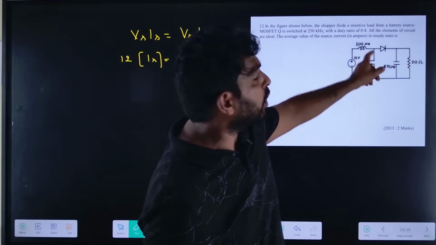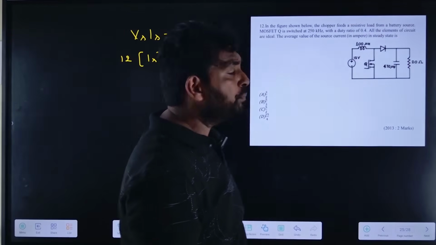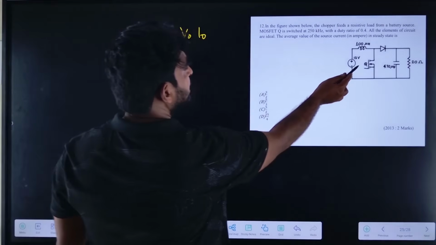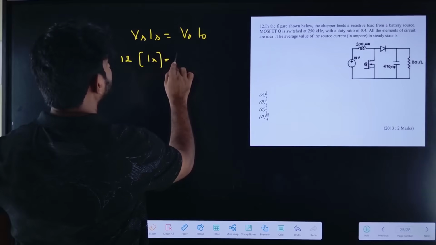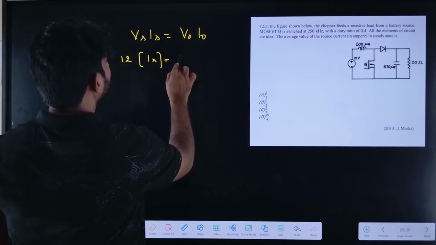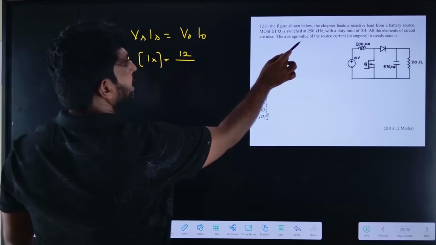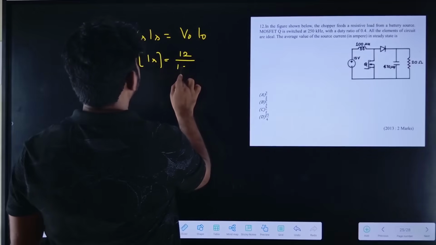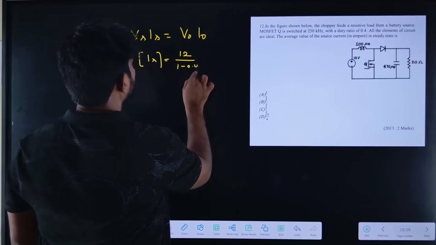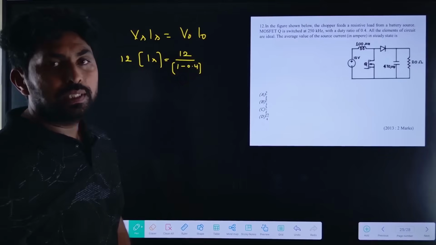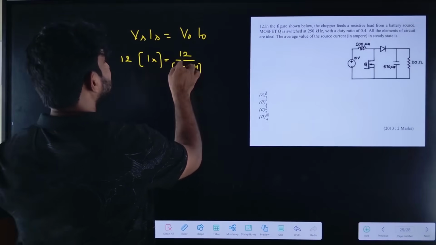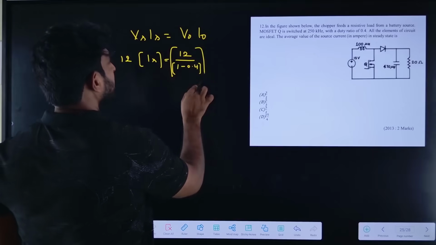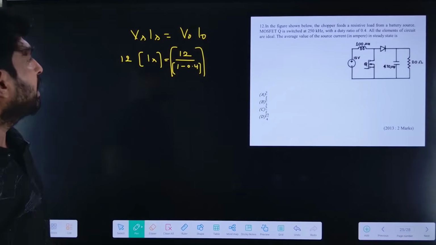It is a boost converter because the inductor is placed on the source side. So V naught equals Vs divided by 1 minus D, that is 12 divided by 1 minus 0.4.